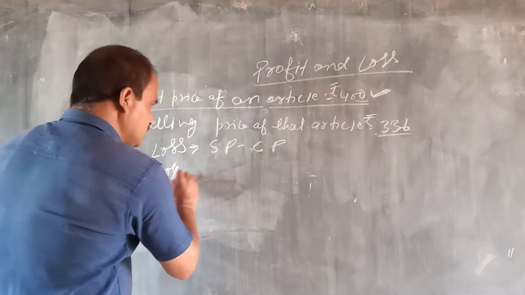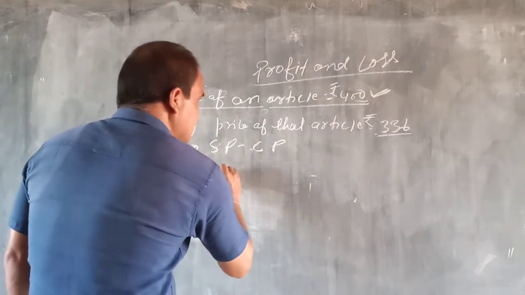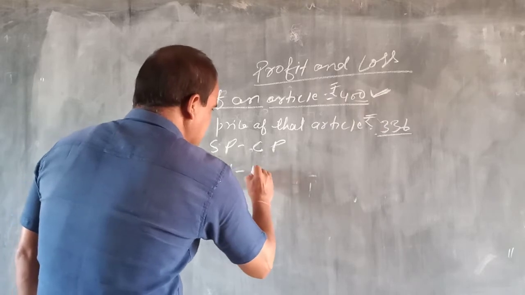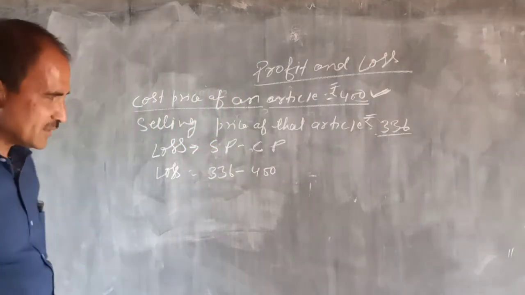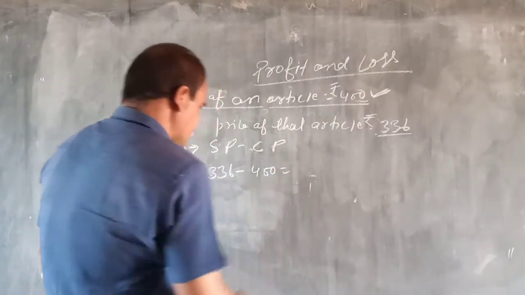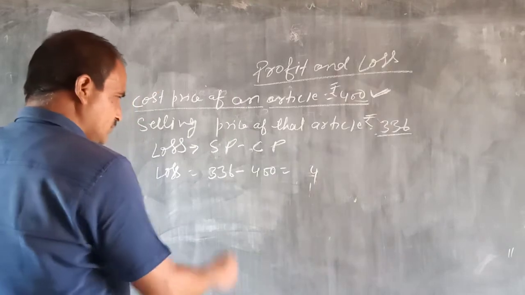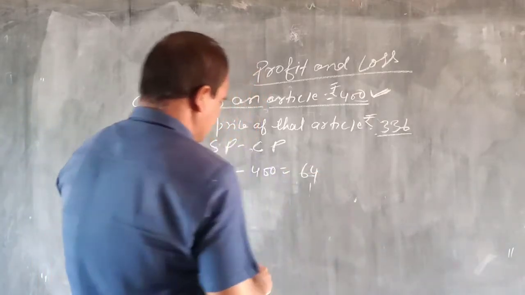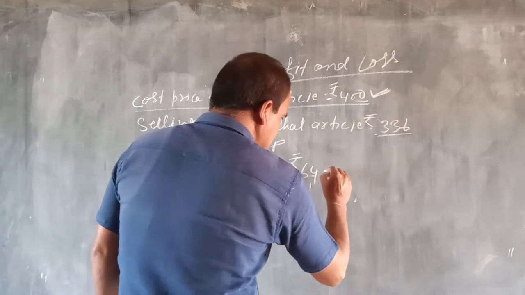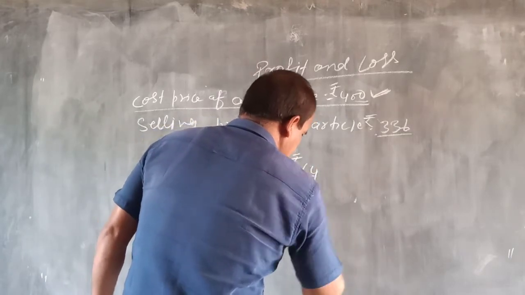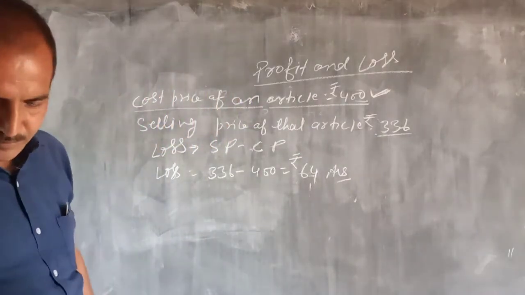Loss is equal to 400 minus 336, which is 64. So there will be a loss of Rs 64. This is the answer.